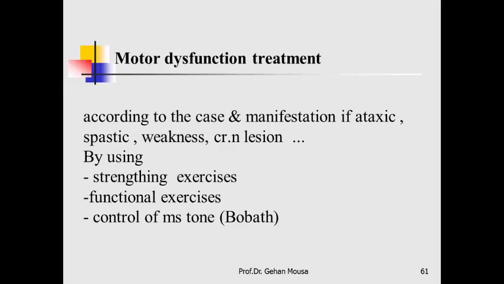If the main manifestation that restricts functional outcome and ADL is spasticity, try to control spasticity by means of modalities that control muscle tone, like Bobath's technique, or any modality that makes tone reduction techniques.